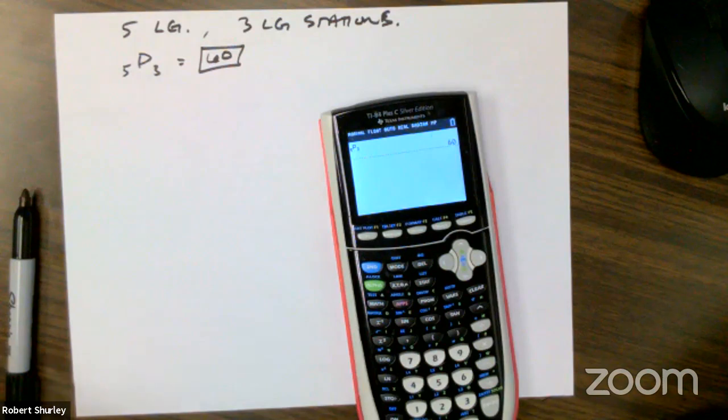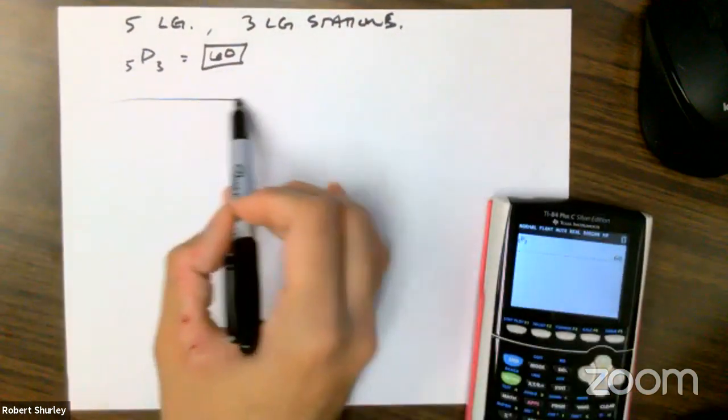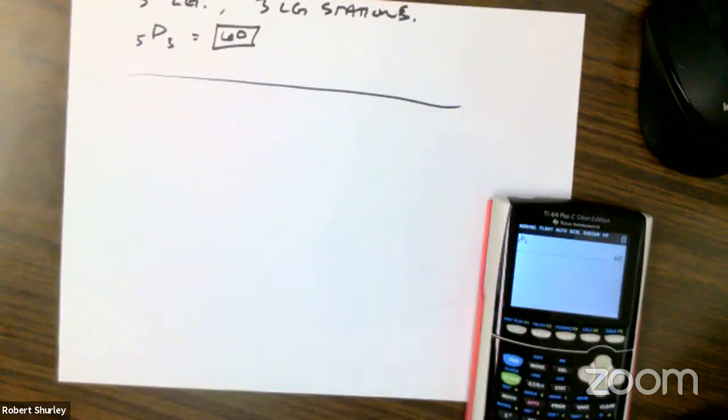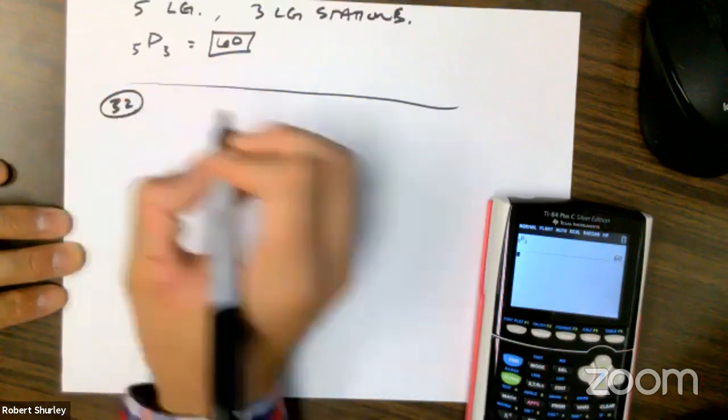Let's see if I can dig one out of the homework. Okay, yeah, this is a good one. This is number 32 in your book, and it's about ice cream. It's 32 on page 245.